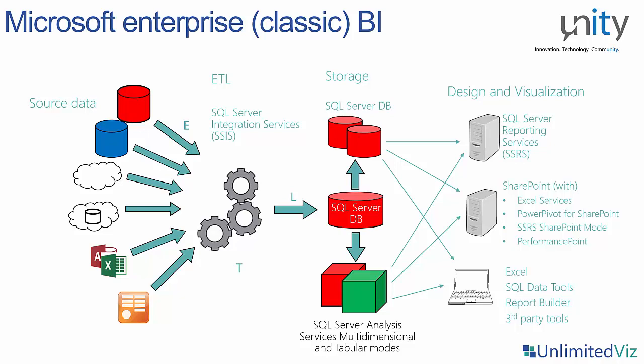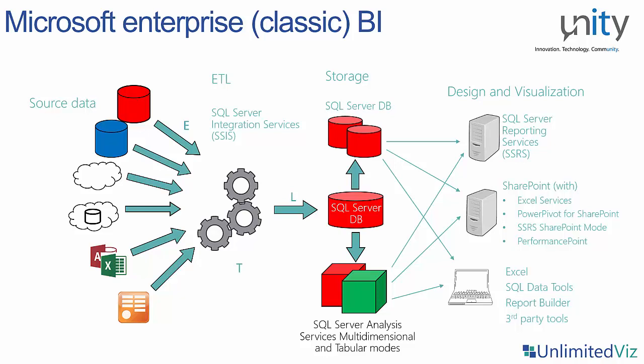It does all of the heavy lifting of moving data around. And you already own it. If you have SQL Server, anything above Express Edition, you've got a copy of SSIS. Storage is provided by the SQL Server database engine, as you may expect for both data warehouses and data marts. And the multi-dimensional storage is provided by SSAS, SQL Server Analysis Services.